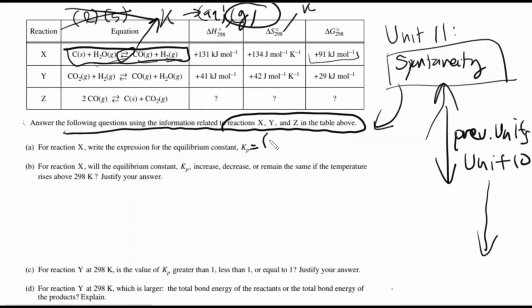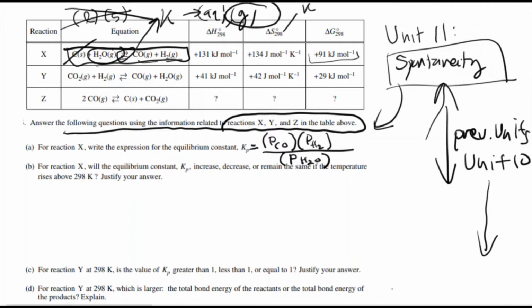It's going to start off as the pressure of carbon monoxide gas, the pressure of H2 gas, all over the reactants. We ignore carbon solid, and we look at just H2O water, which is in its gaseous form, so it's water vapor.